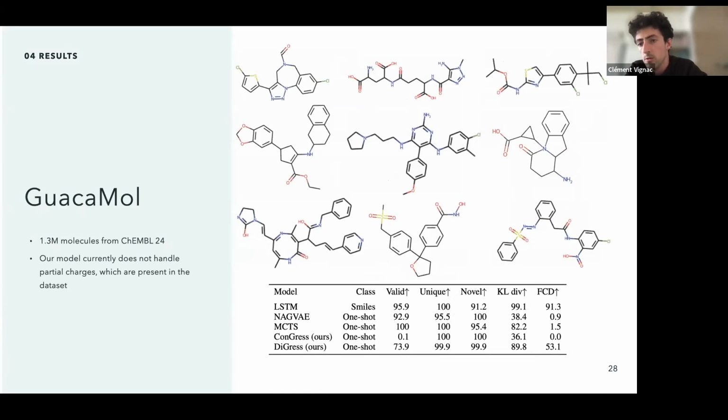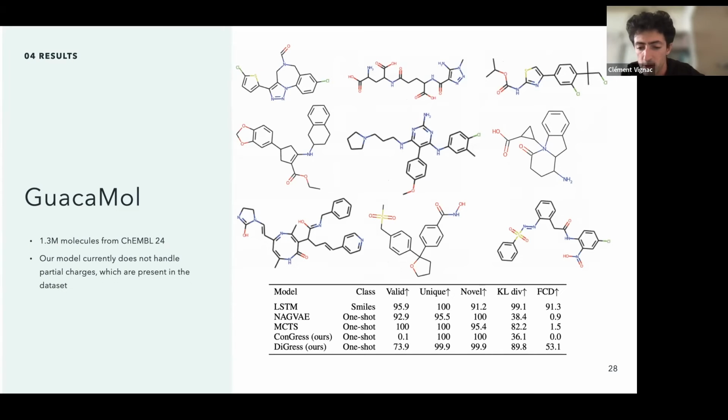Finally, we went to an even bigger data set to see the limits of the model. So GuacaMol, it's also drug-sized molecules, but larger on average. And again, you can see that SMILES perform better currently because they incorporate more knowledge about chemistry. But our method is, let's say, the first one-shot one to achieve correct results.